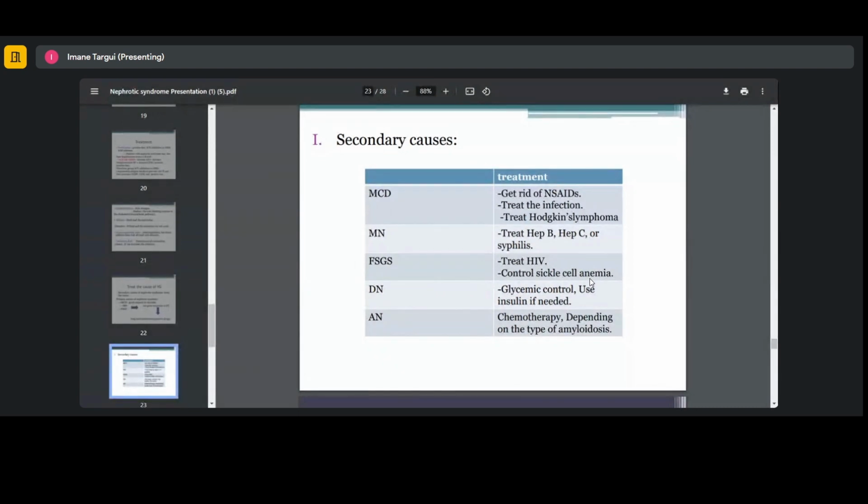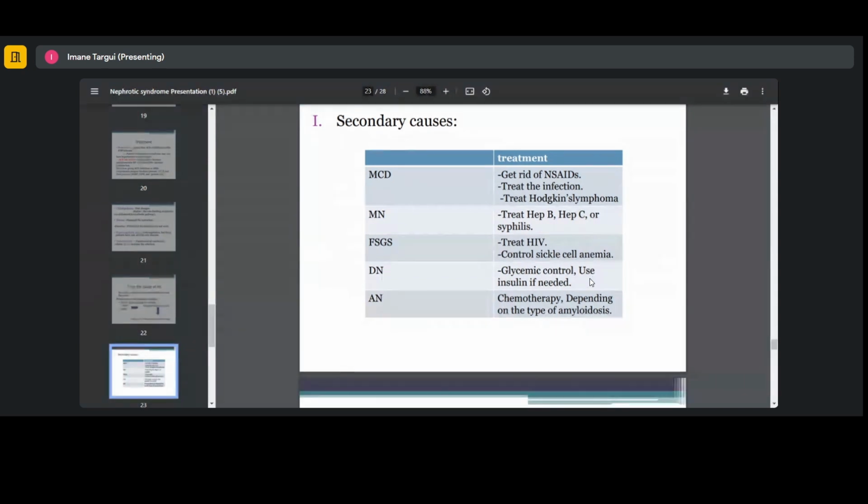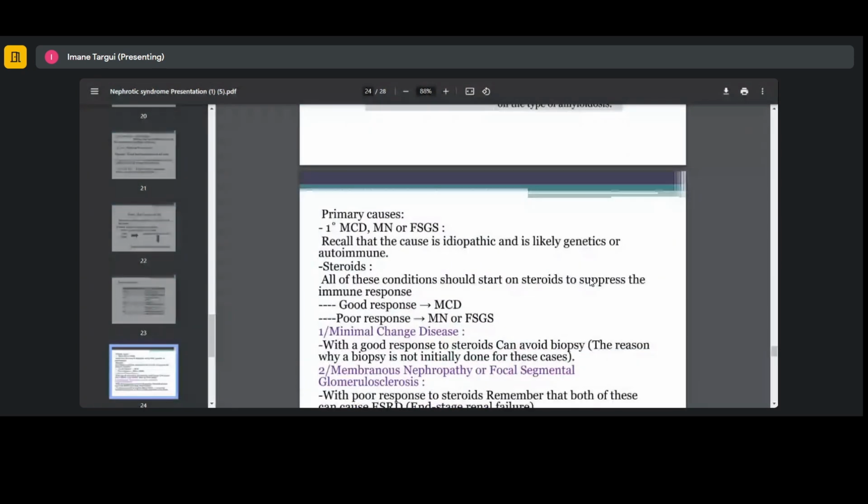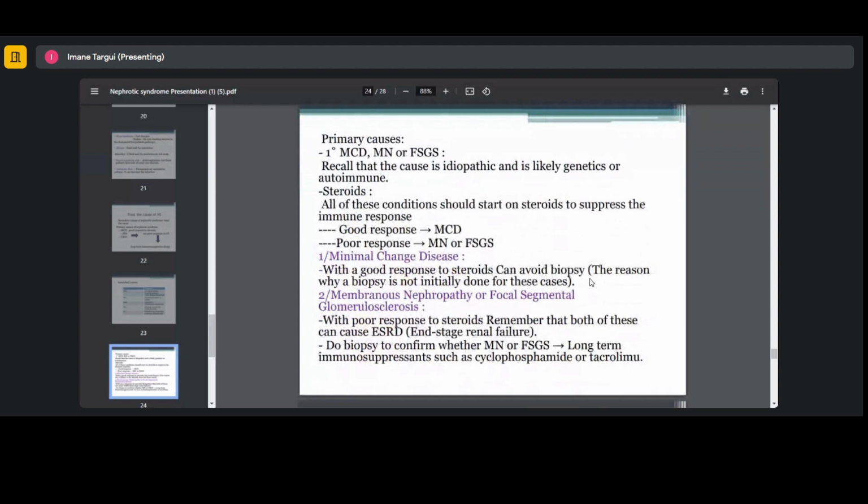We can just treat the cause of this condition. Primary causes, we have MCD, MN, or FSGS. Recall that the cause is idiopathic and is likely genetic or autoimmune.